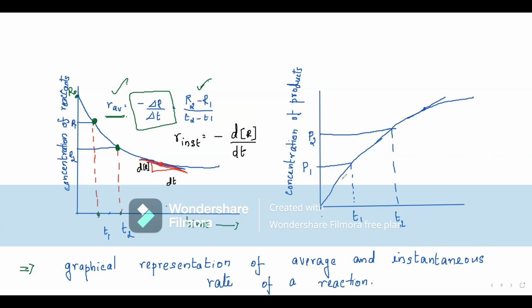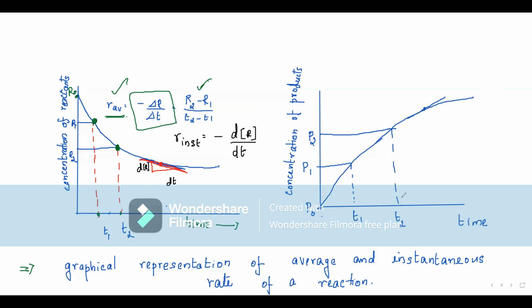Now, the same thing we can repeat with respect to the product. This curve is of this shape because the concentration of products is increasing as time proceeds. Suppose the initial concentration is P0; initially there will be no product. At time T1, P1 is the concentration of the product.